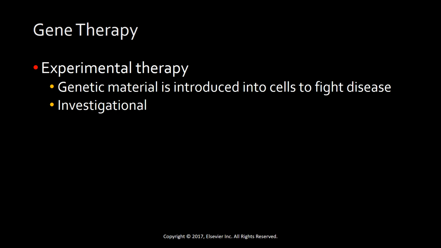Gene therapy is an experimental type of therapy that involves introducing genetic material into a person's cells to fight disease. But at this point, this is investigational and there is not much definitive information out there.